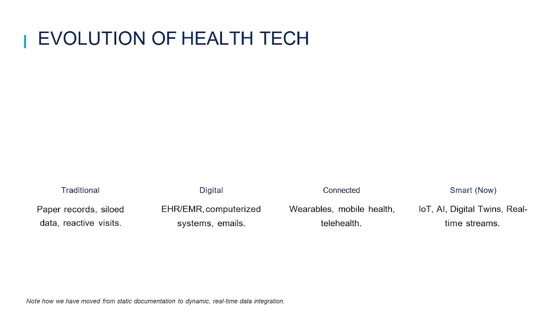Evolution of health technology. Healthcare technology has evolved significantly over the past few decades. Initially, healthcare systems relied heavily on paper records, manual communication, and isolated patient data. This traditional model was slow, inefficient, and prone to error.